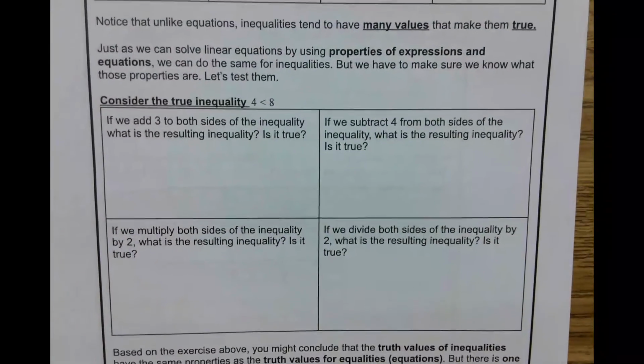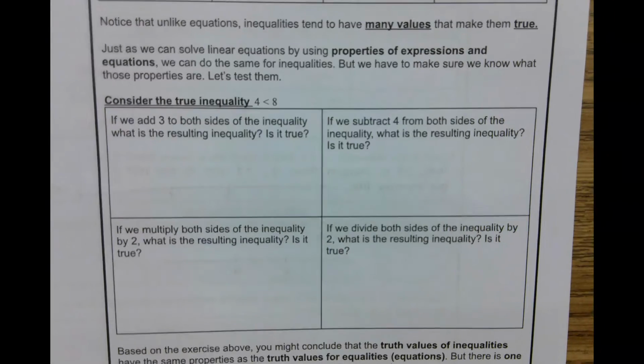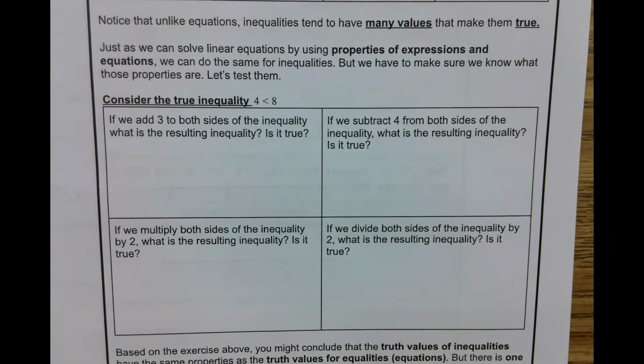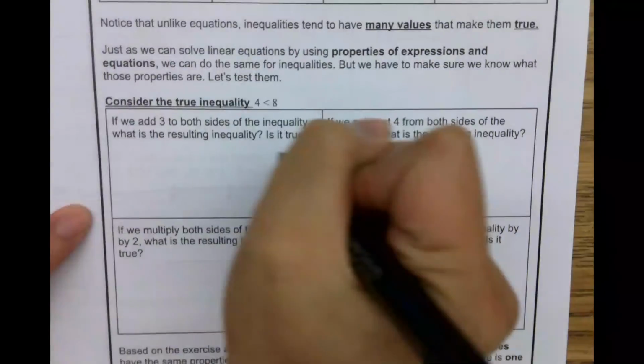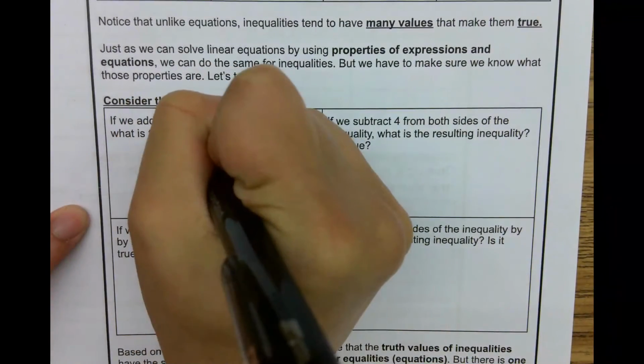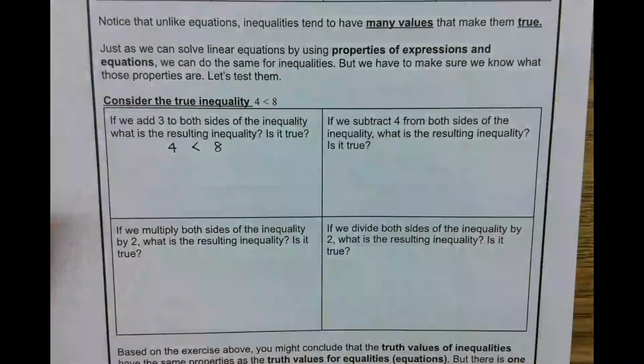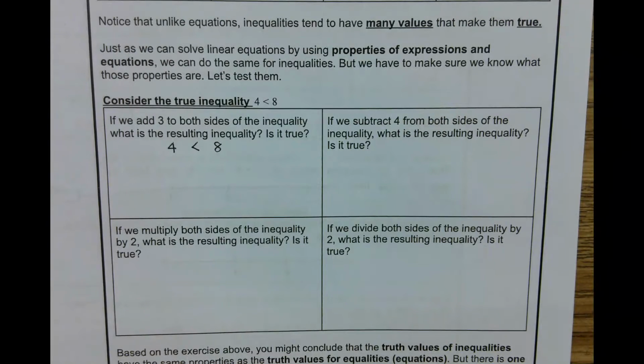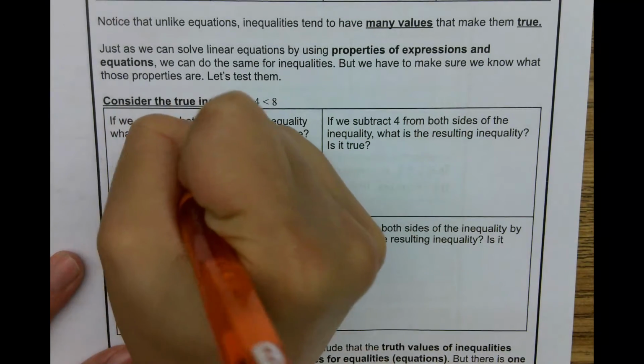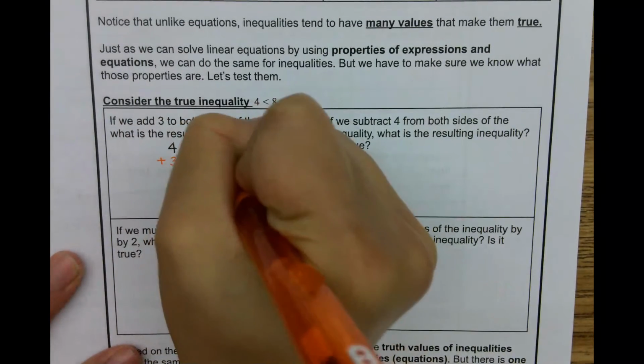So here we have the inequality 4 less than 8. For this first part, I'm going to add 3 to both sides and see what the resulting inequality is. So I'm going to start with the original, 4 less than 8, and add 3 to both sides, because right now this is true.